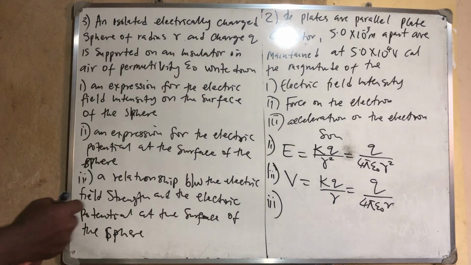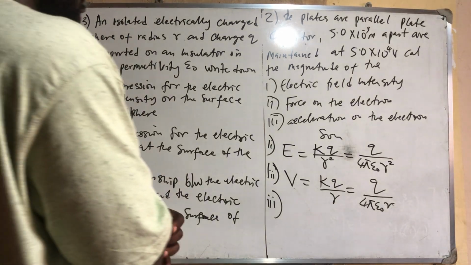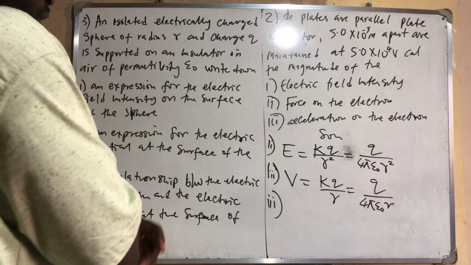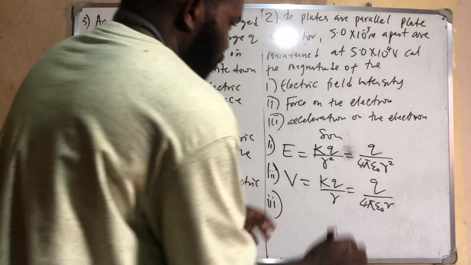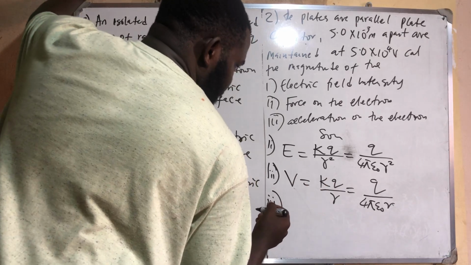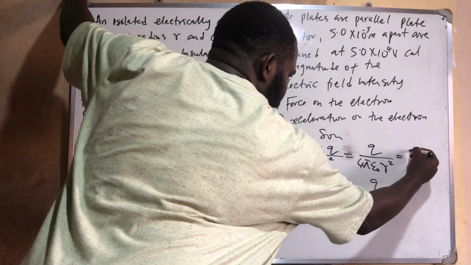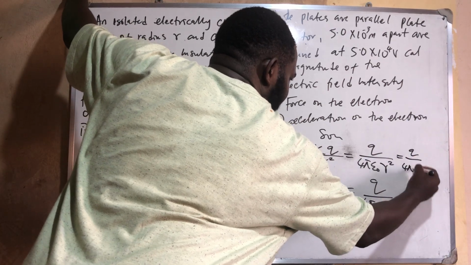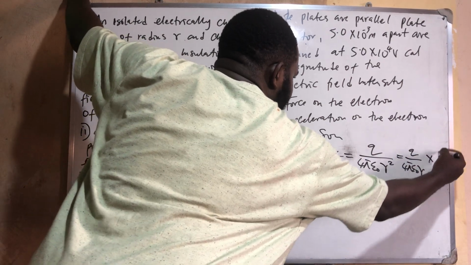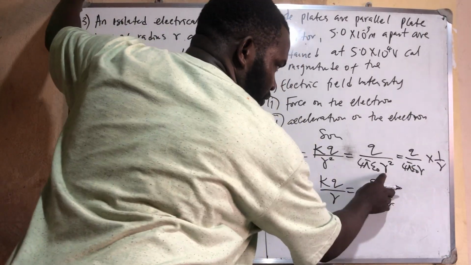III said the relationship between the electric field strength and the electric field potential. The relationship is simply this: E is Q over 4 pi E naught R times 1 over R again, because R times R gives you R squared.